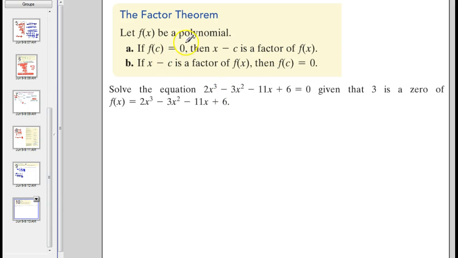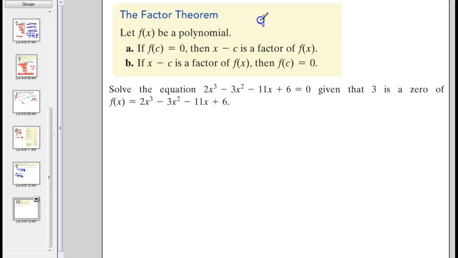Alright, and then it's if and only if, so it works the other way as well. If that's a factor, if a line basically divides a polynomial, then when you plug in the thing that makes this line equal to 0, it's going to make the polynomial equal to 0. Alright, so this is what we're really going to use.